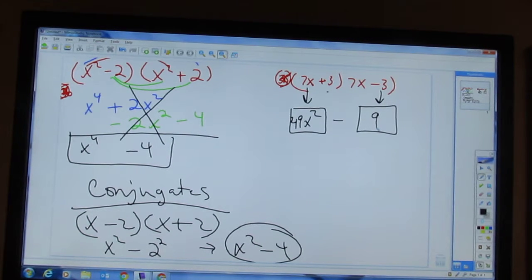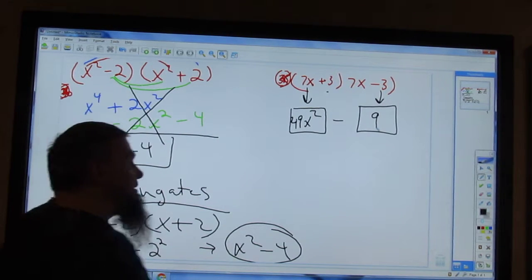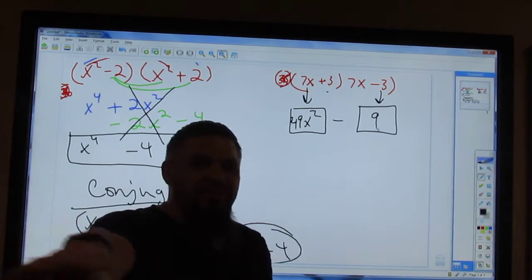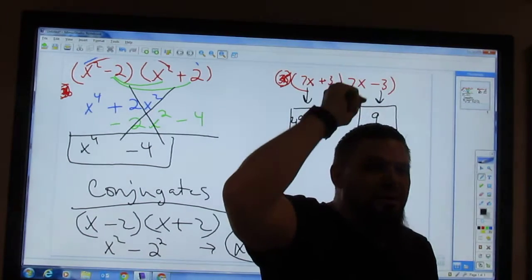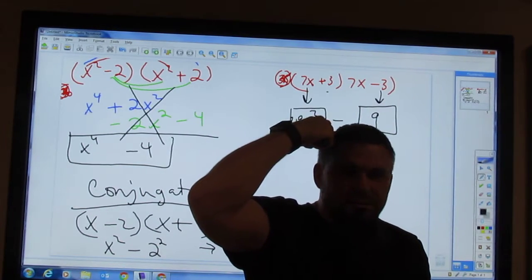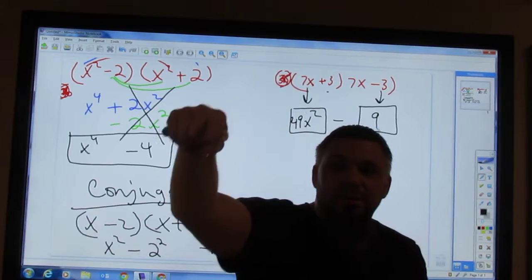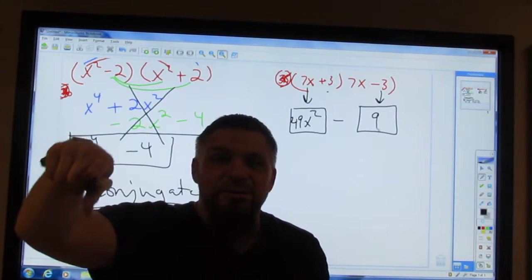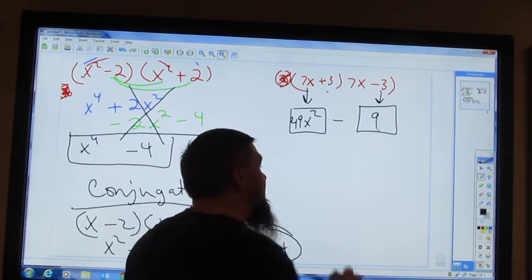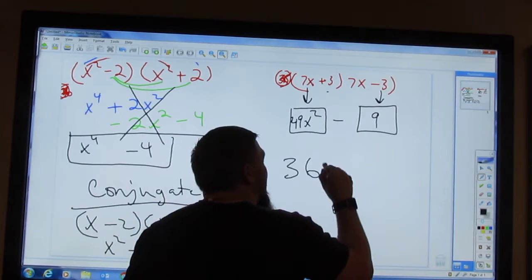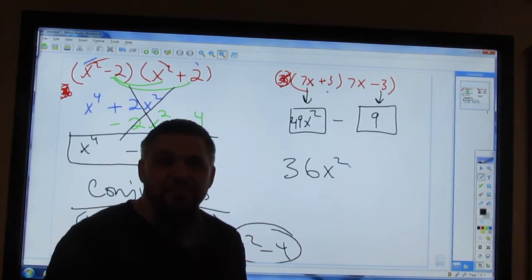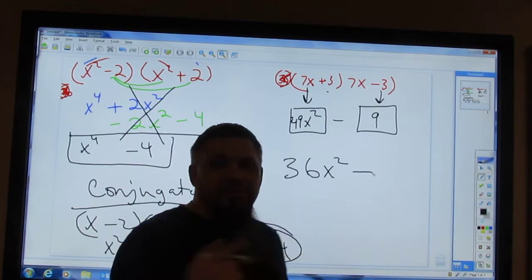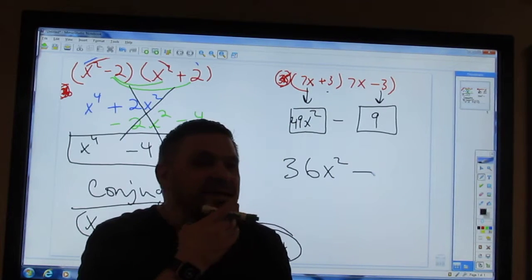And later on, we're going to learn how to do this backwards, right? You're going to be able to go like this. Give me a perfect square, any number that's perfectly squared. 32 isn't a perfect square, but 36 is. So 36x squared, right? Minus, let's think of another perfect square, something that you guys know.